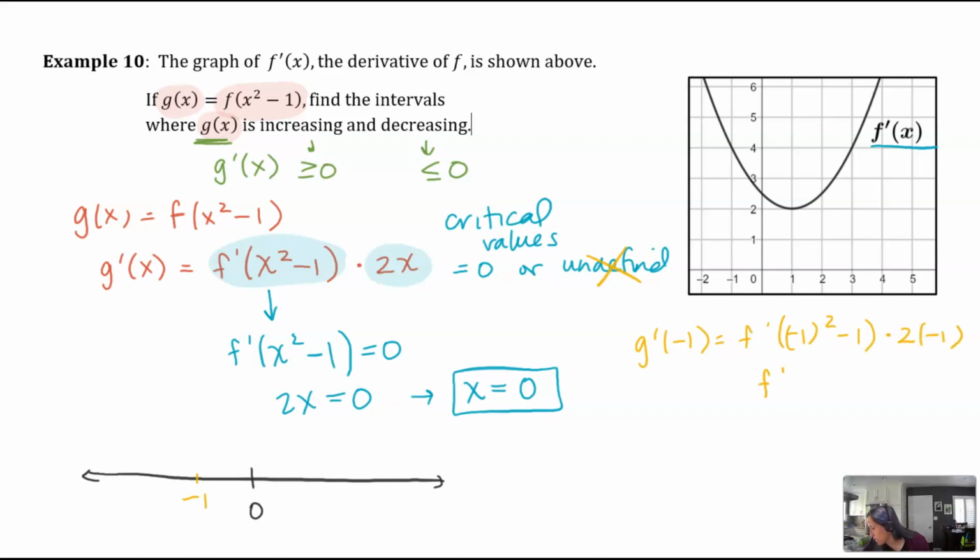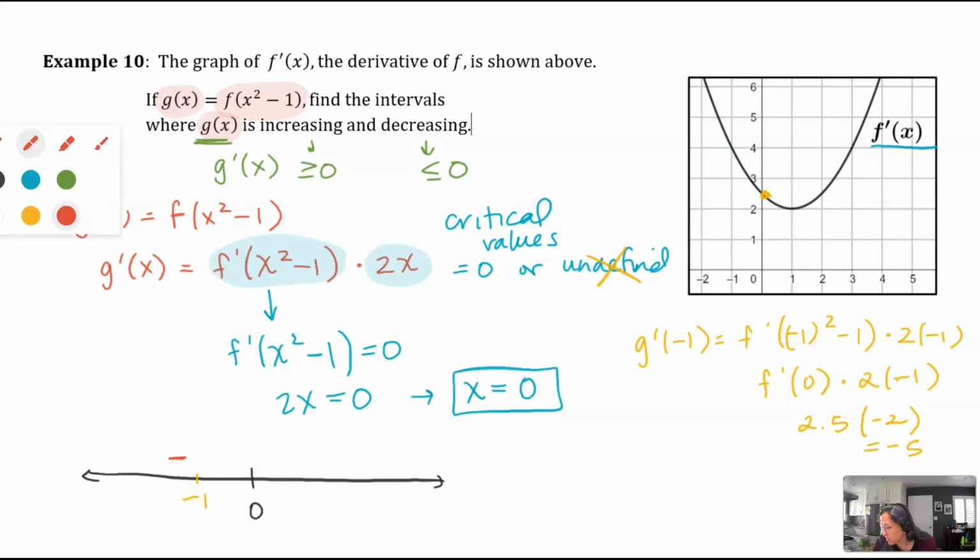So we have f prime of 1 minus 1, which is 0, times 2 times the -1. And we go, okay, f prime at 0 looks like it's 2.5. So 2.5 times a -2 is a -5. The value doesn't matter. What matters is that it's negative, right? So I could say g is decreasing on this interval.